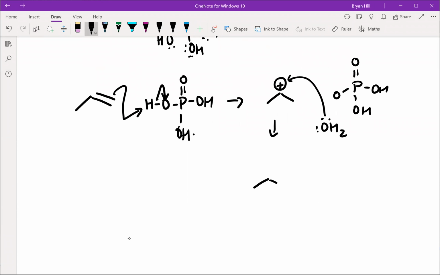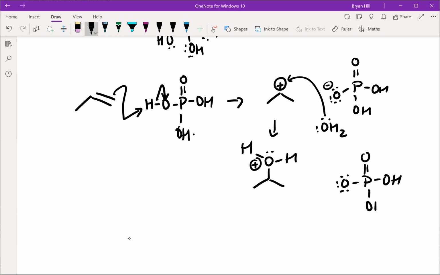And we will use, let's use the anion of phosphoric acid to deprotonate your structure here.